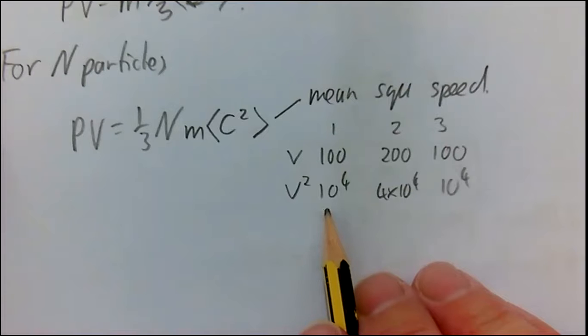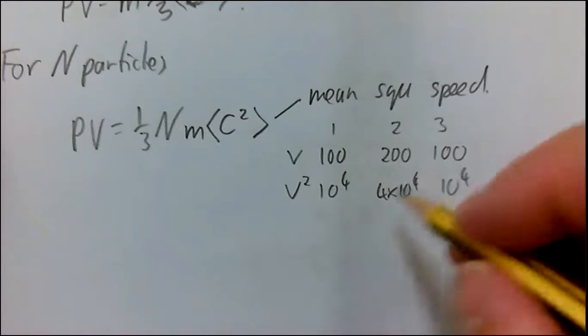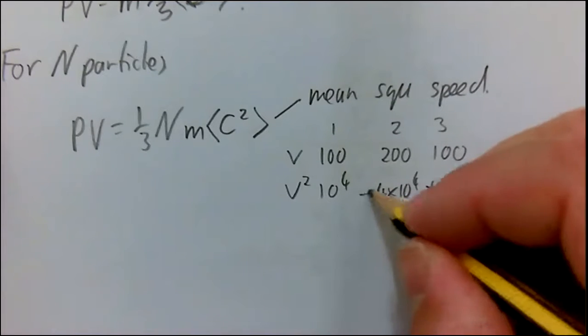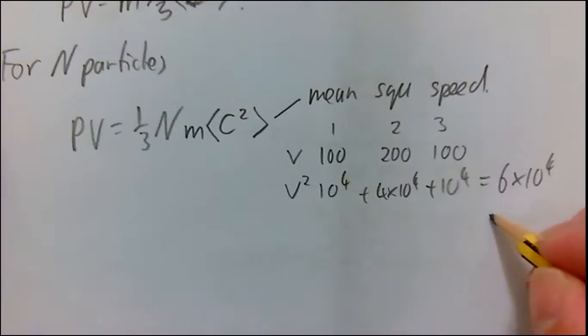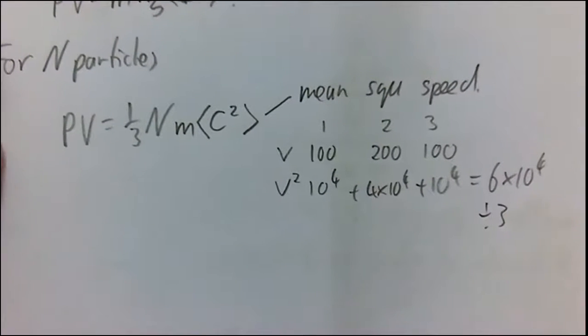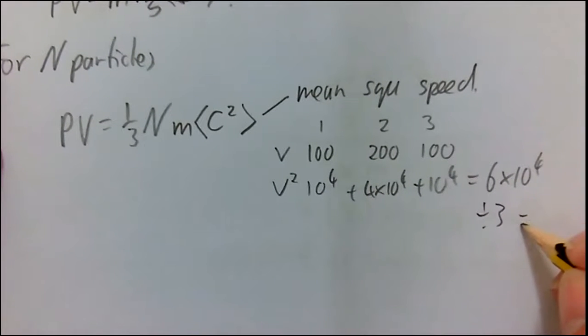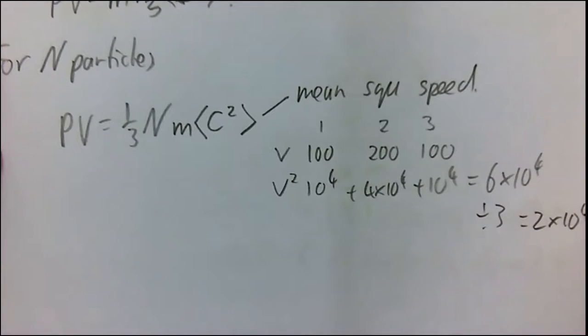So we've got 10 to the power of 4, 4 times 10 to the power of 4, 10 to the power of 4. Add them together, you get 6 times 10 to the power of 4, divided by the number of particles, and you would have 2 times 10 to the power of 4, and that is the mean square speed.